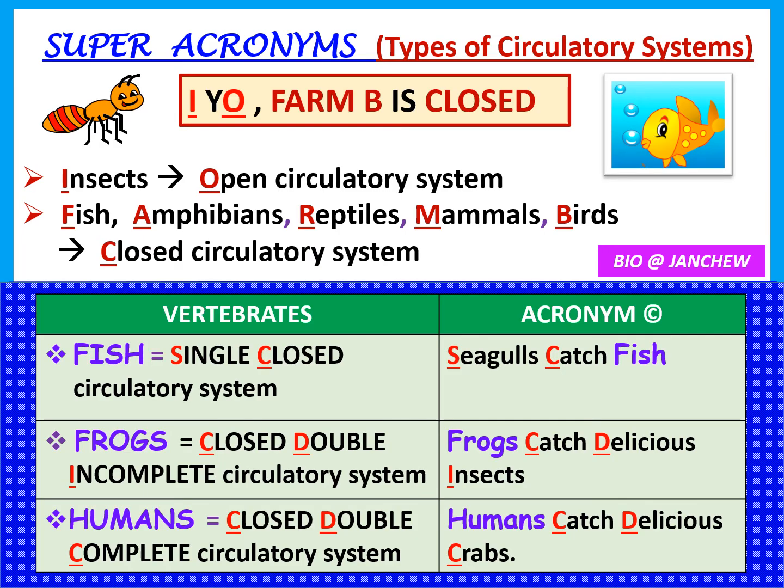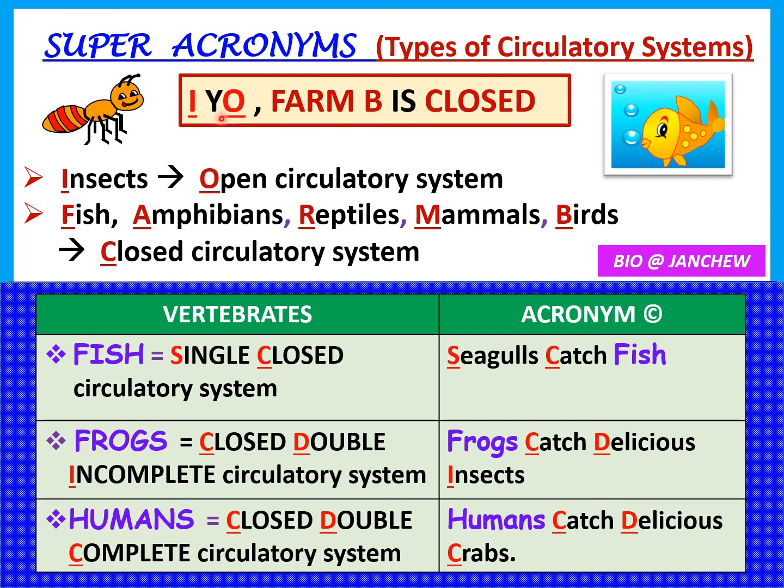Let us look at some super acronyms that I have invented to help you remember the types of circulatory systems in the organisms. The first one is IO, Farm B is closed. Let's say you go to a farm to visit the animals, but the farm was closed.